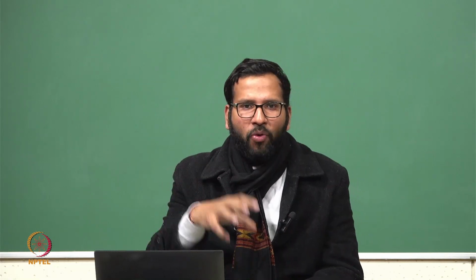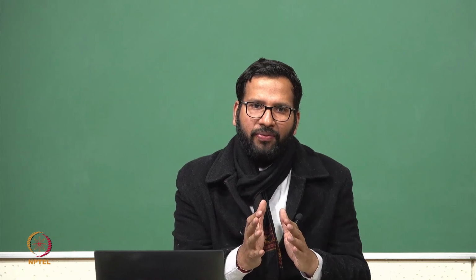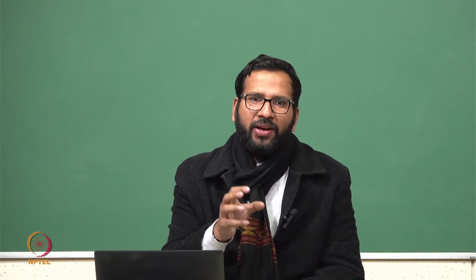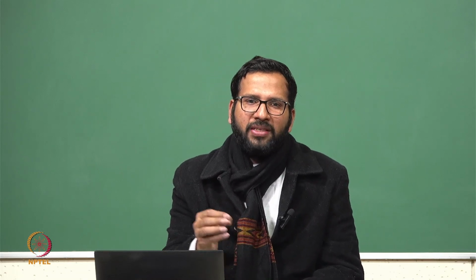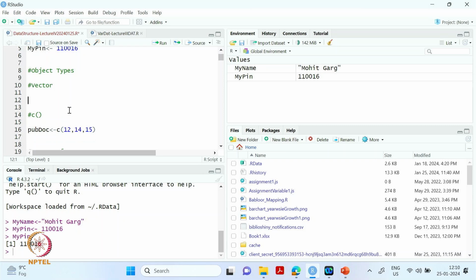We have to add more values to this particular object, so we are directing R to create an object which is a type of vector and assign the values we will give. We'll see an example in R of how we can do that. This is the function which we will be using for creating a vector.